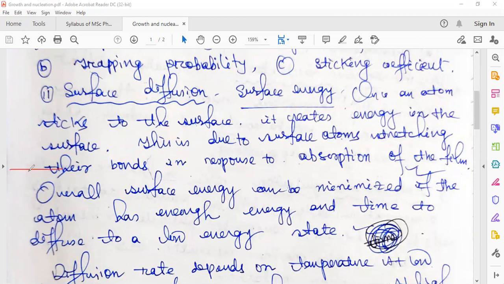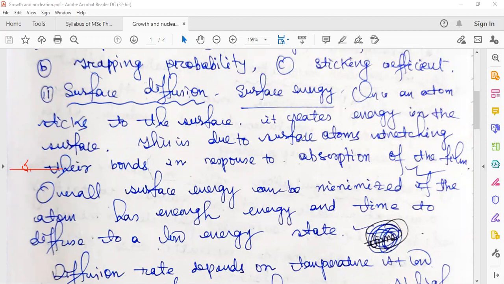Suppose this is the surface of a substrate. An atom is incident on the surface. It must have some energy, and because of that energy, this atom gets incident on the surface. Once the atom is on the surface, this atom or molecule will try to accommodate itself on the surface of the substrate.